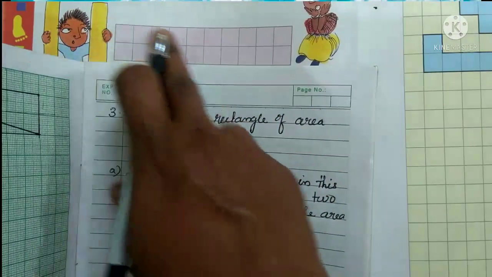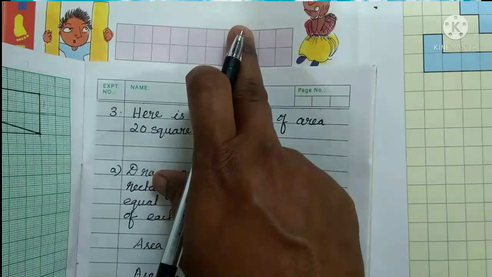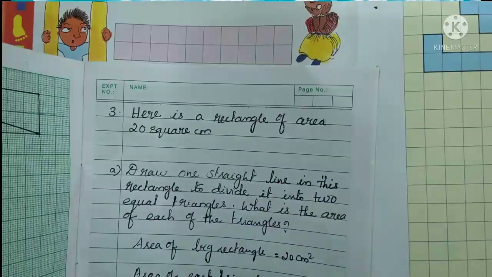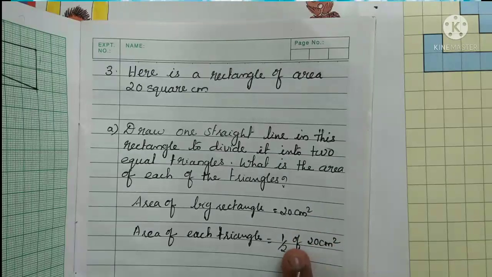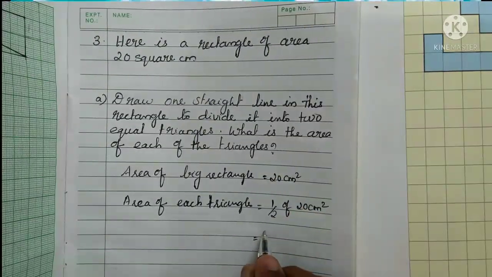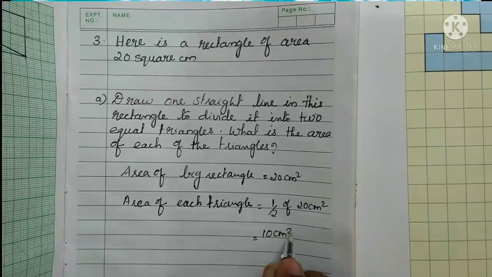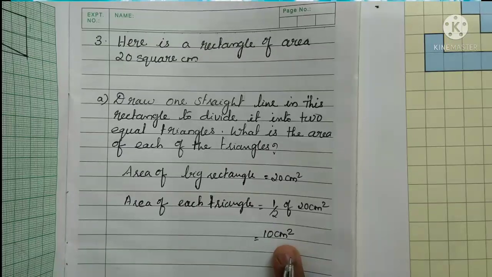So, we cut into two equal triangles. So, each piece is half. So, we need to find out the half of 20 centimeter square. Half of 20, what is the answer? 20 divided by 2? Yes, 10 centimeter square. Each triangle has the area 10 centimeter square.